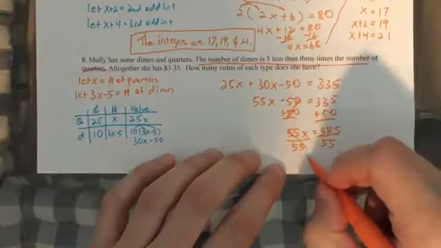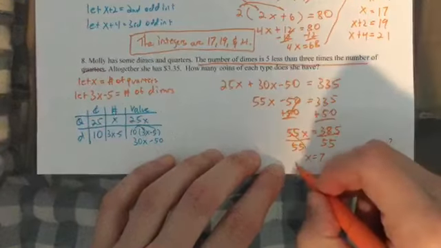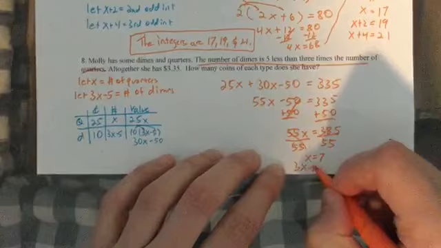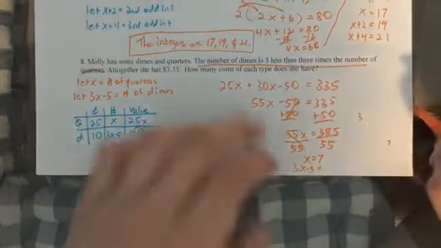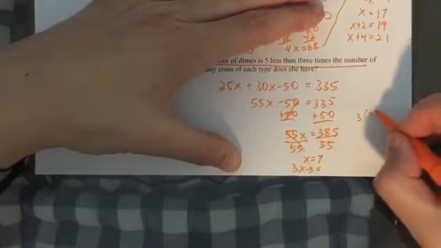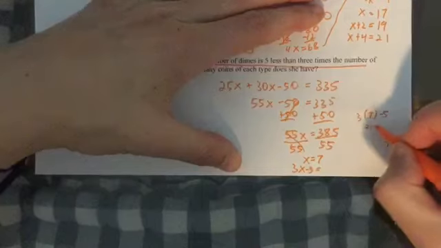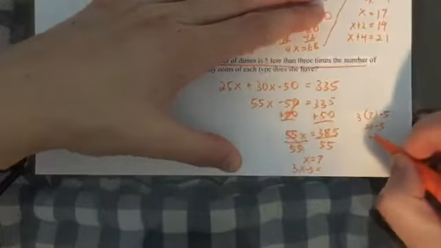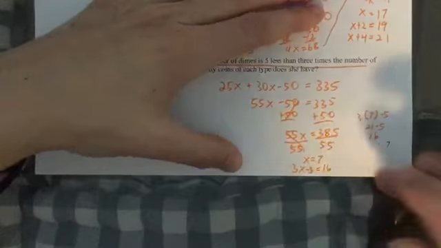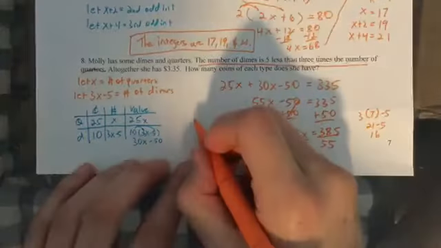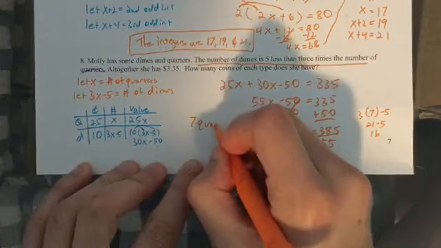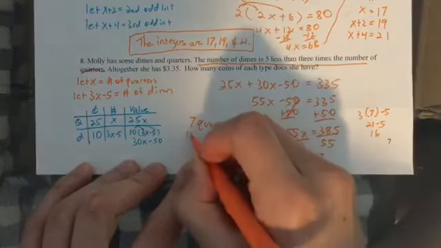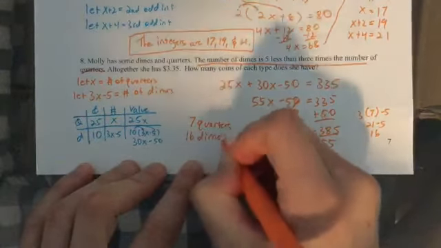We wind up with x equals 7. Then we just have to figure out, well, what's 3x minus 5? Well, x is 7, so that's going to be 3 times 7 minus 5, which is 21 minus 5, which is 16. Okay, so then that tells us that there were 7 quarters, 16 dimes.